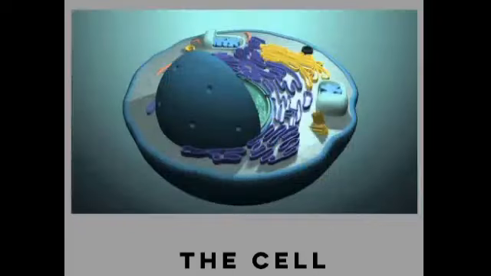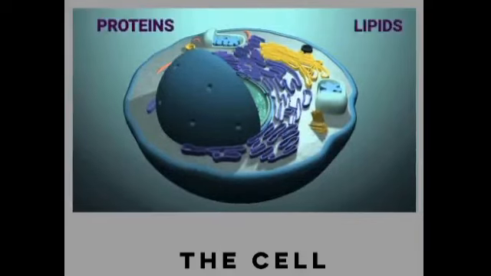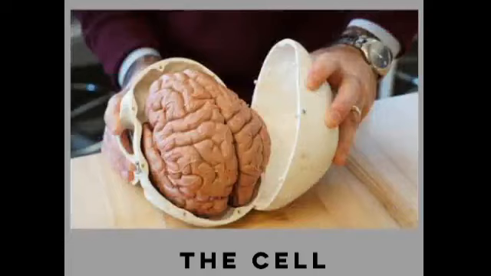A cell needs a lot of substances such as proteins, lipids, etc. to function. The nucleus present in the center of the cell acts as a brain and decides what is needed and how much is needed.